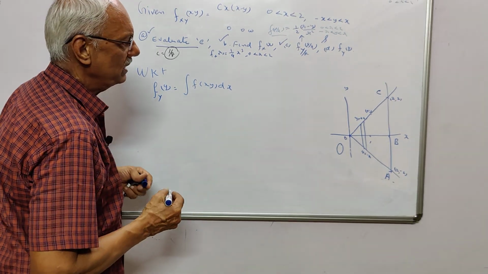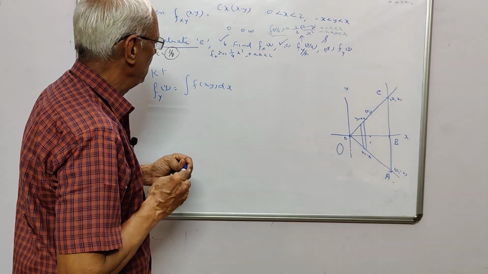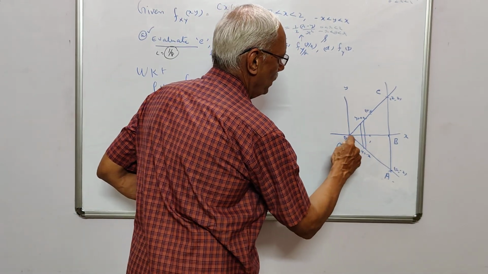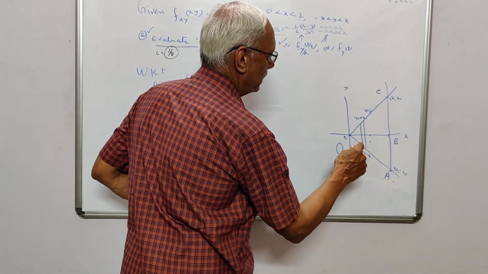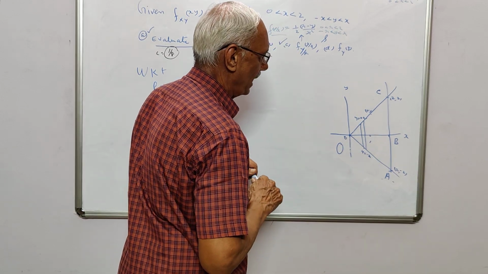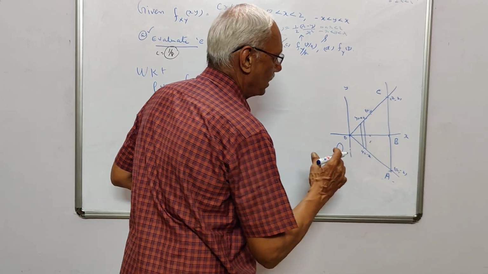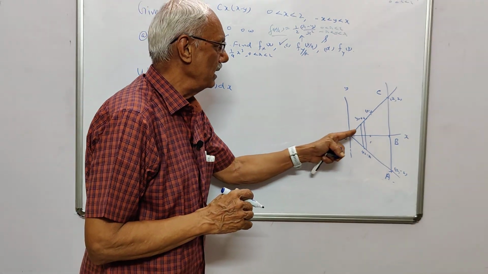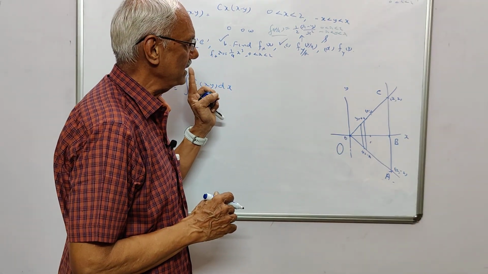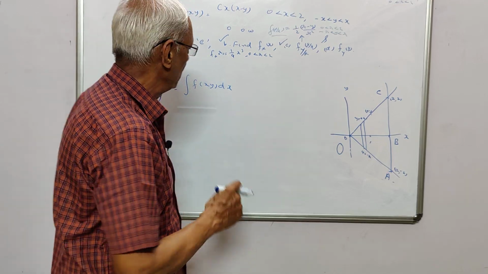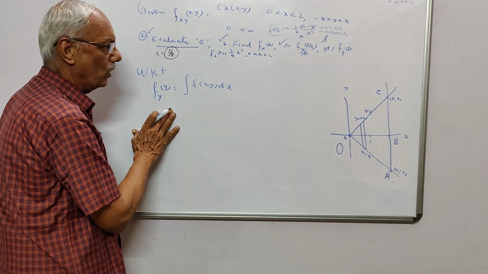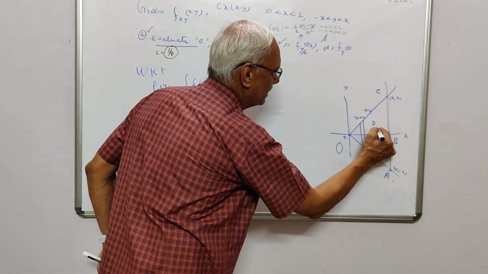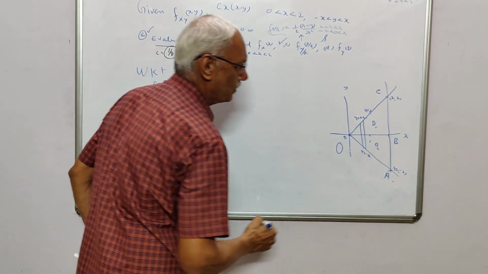dx. Now you see that if you are going to find this, there are two domains that you have got. I have to calculate the marginal density function of y, which is defined in two domains, d1 and d2.